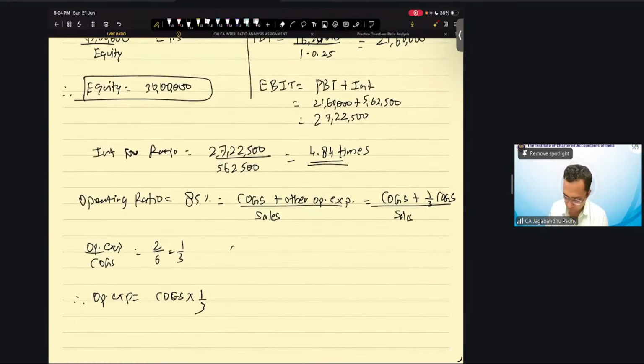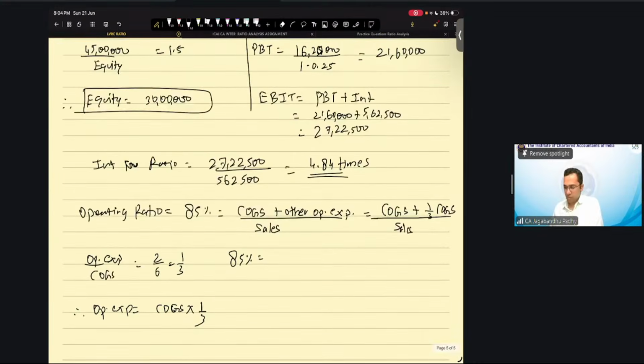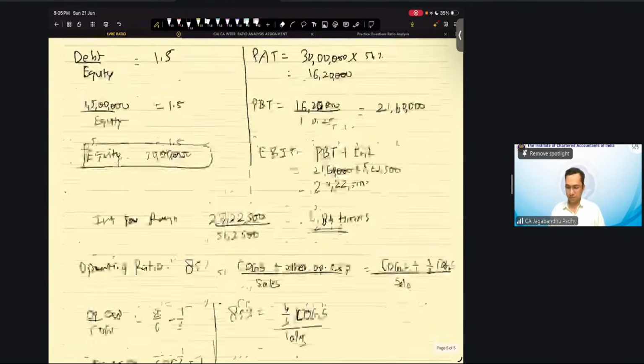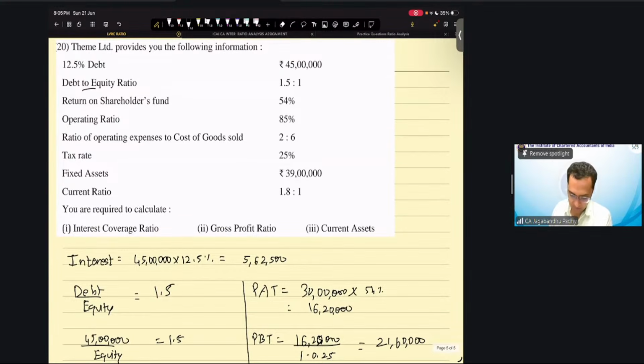So we can say 85% is going to be equal to COGS plus 1/3 COGS, which is 4/3 COGS by sales. 85% is 4/3 COGS by sales.